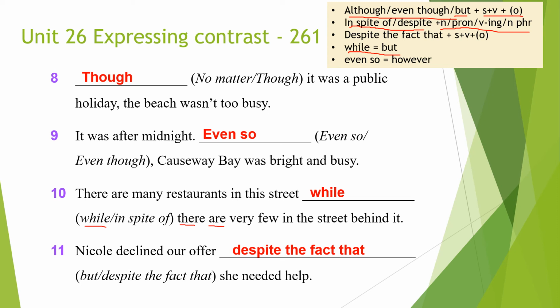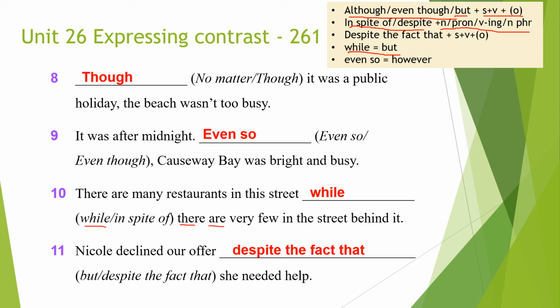Okay. Number 10, "There are many restaurants in this street." Do we use "while", which means but? It's quite similar to "but", the usage I mean. Can you say "There are many restaurants in this street, but there are very few in the street behind it", or "in spite of"? Can you say "in spite of"?